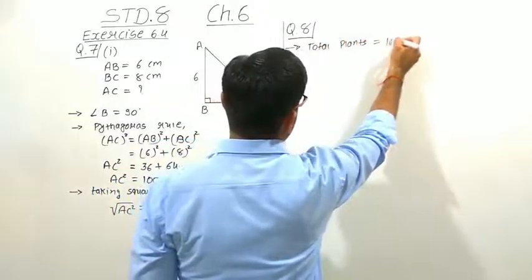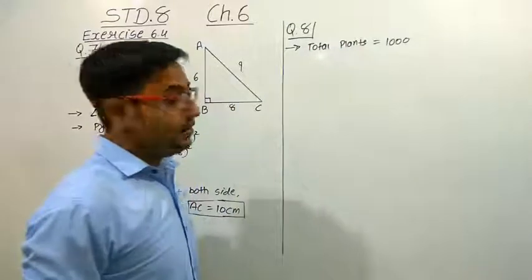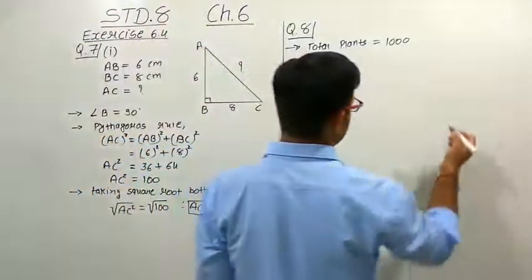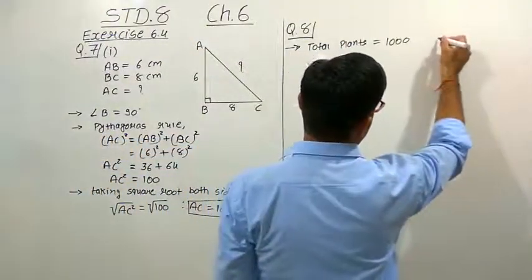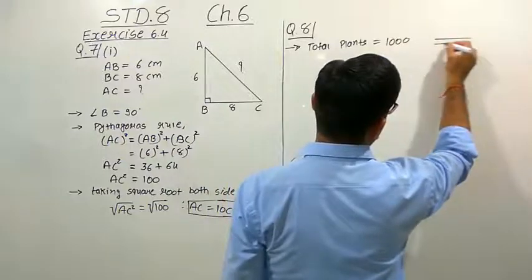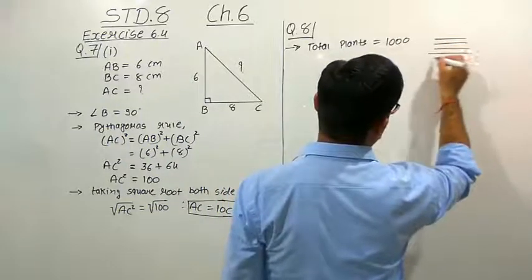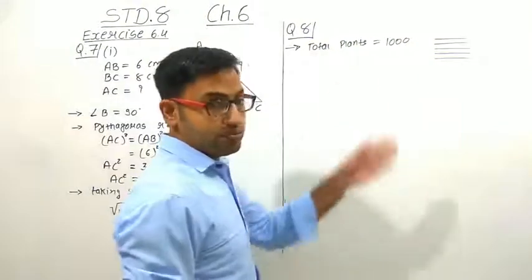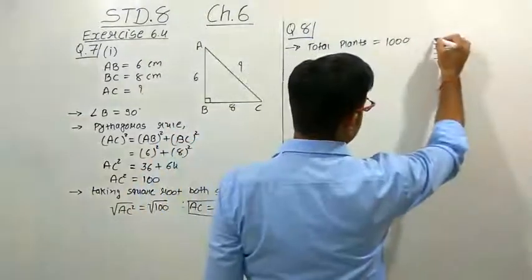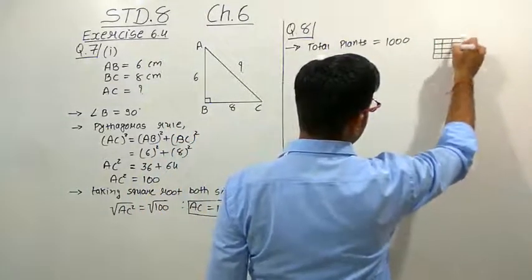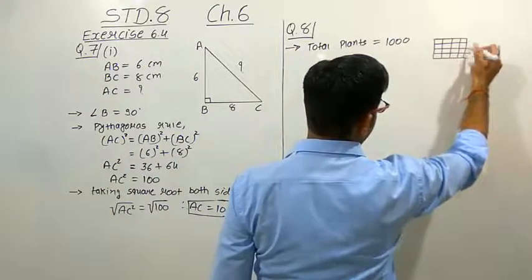Now he has to arrange the plants such that, suppose he has 5 rows: 1, 2, 3, 4 and 5. Then that many columns must be there. That means 1, 2, 3, 4 and 5.